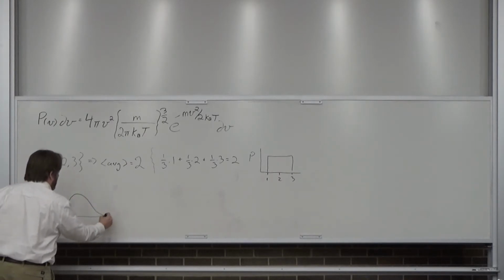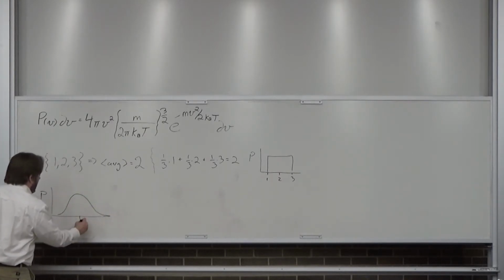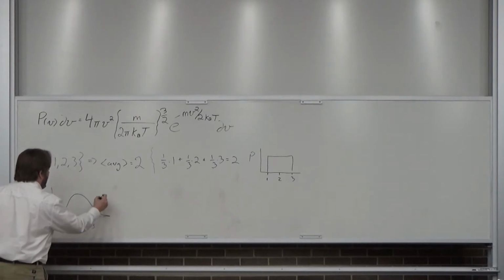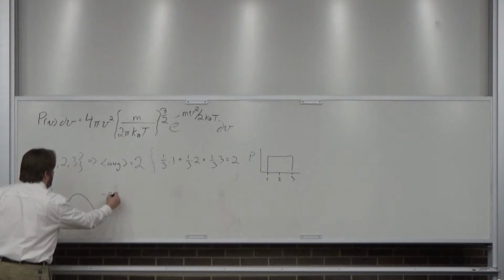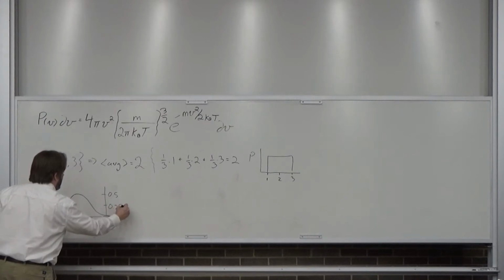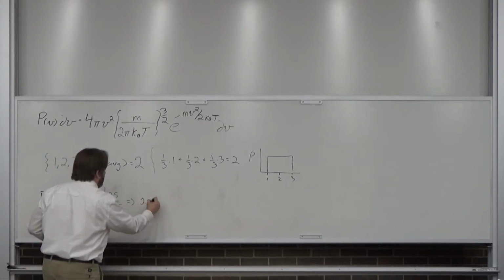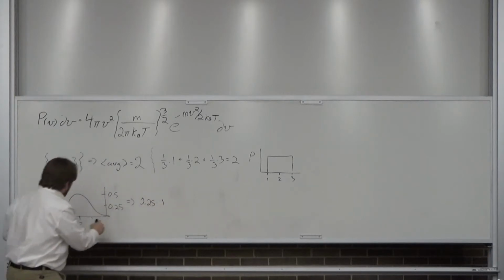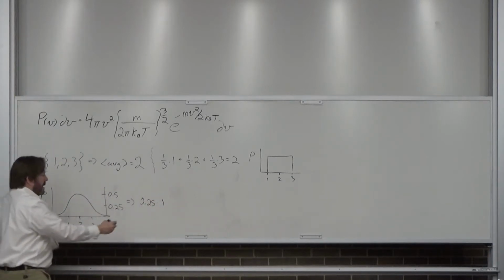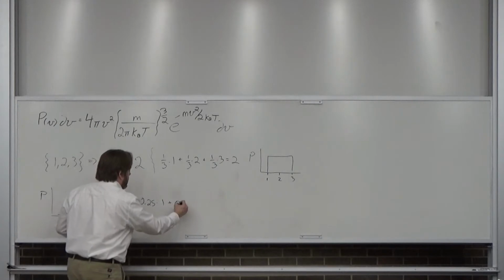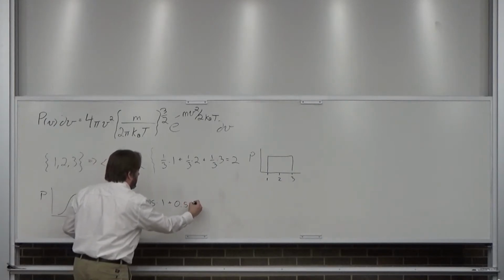Now, if you're a little bit more advanced, you realize that there are things called bell curves. And so let's apply a bell curve to this same problem. It maxes out at 2, and then there's a 1 and 3 evenly to the right. Perhaps the top is 0.5, and in the middle is a 0.25. And therefore, the average would be 0.25 times 1, you can see that right here, plus 0.5 times 2.